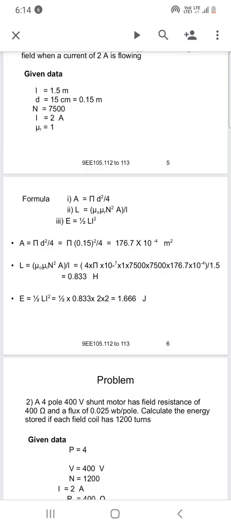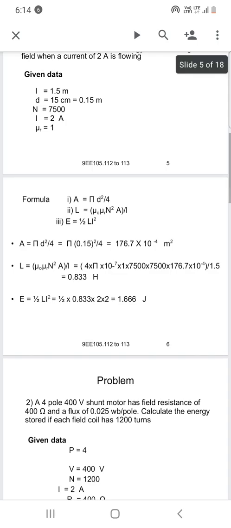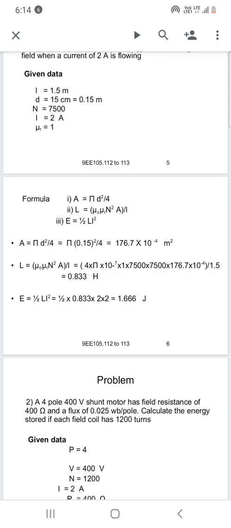So L is absolute permeability into relative permeability into n squared into A by l.